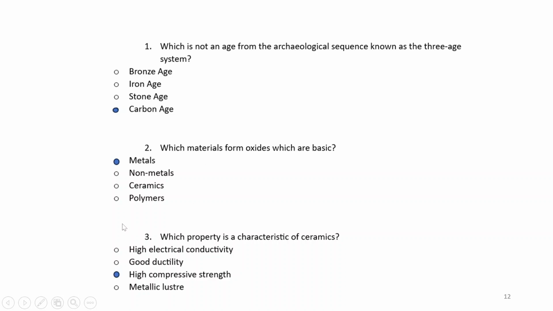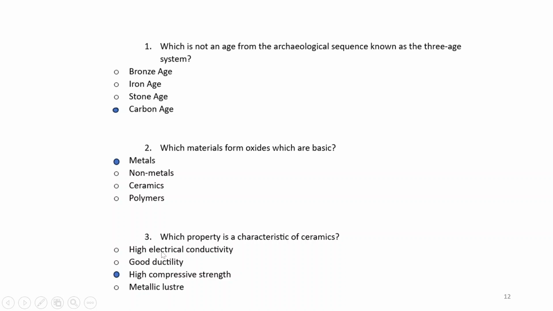Which property is a characteristic of ceramics? So ceramics, they are insulators of thermal and electrical signals, and also they are very brittle, so they don't have any good ductility.